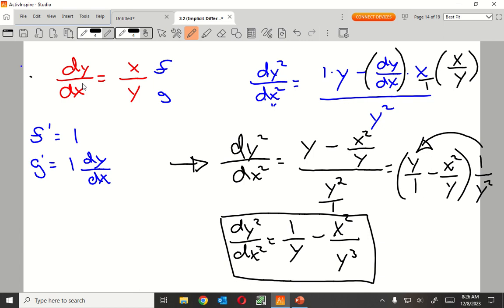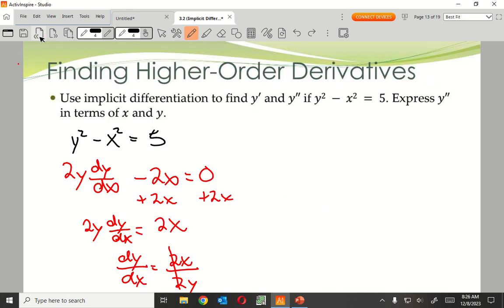And it just looked like it was y to the first power. Wouldn't that be easily overlooked in a problem like this? So that's the reason why doing this notation is helpful. All right, so I express it in terms of x and y. It also did not say in dy dx, that means that you had to replace all your dy dx's with x and y, and that's what we did.